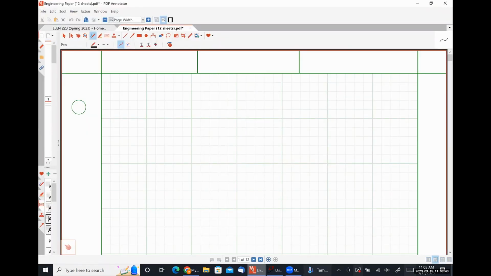So this is positive feedback circuits. And the first one that we are going to talk about is the non-inverting Schmitt trigger.